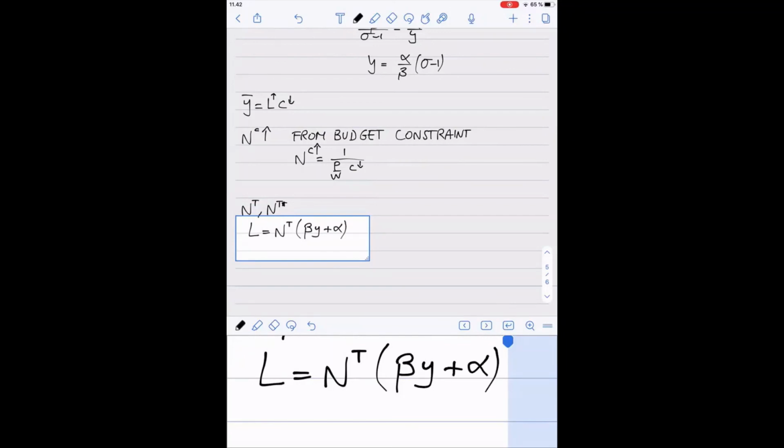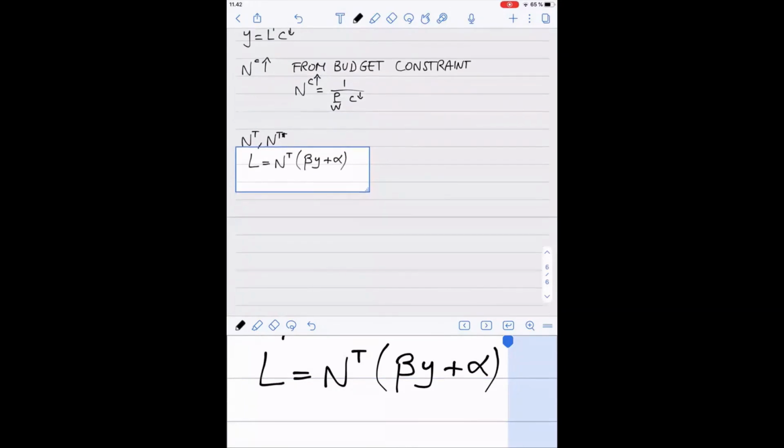Okay. Well, Y is constant, L is constant, because we're looking at the workers in each economy. And so the number of varieties in each country is also constant.